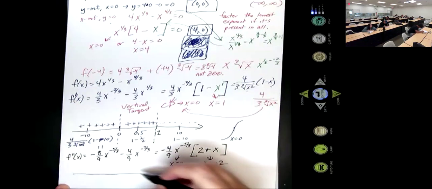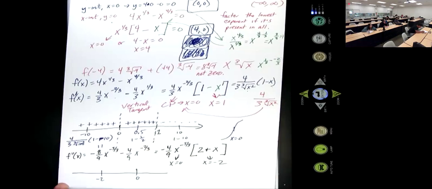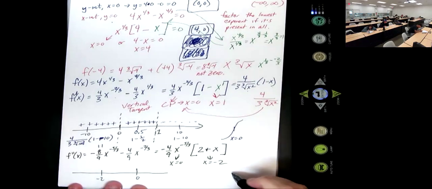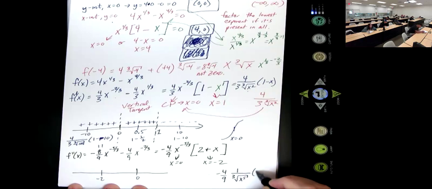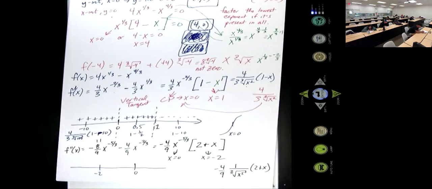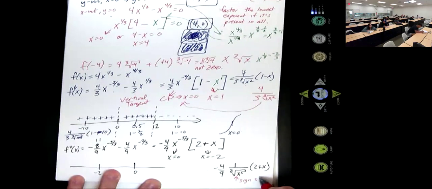We're looking for concavity now. That is -4/9, then I got 1 over the cube root of x to the 5th, and then 2 plus x. This thing is gonna have whatever sign we stick in. Raising something to an odd power and then taking the cube root is never gonna change the sign.